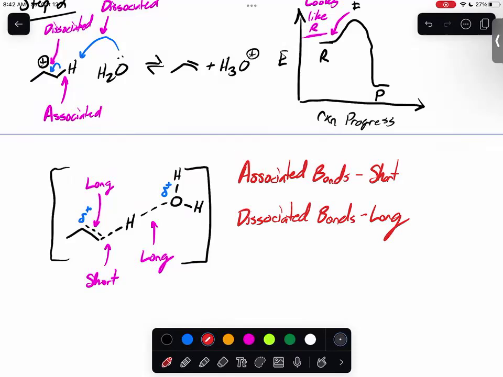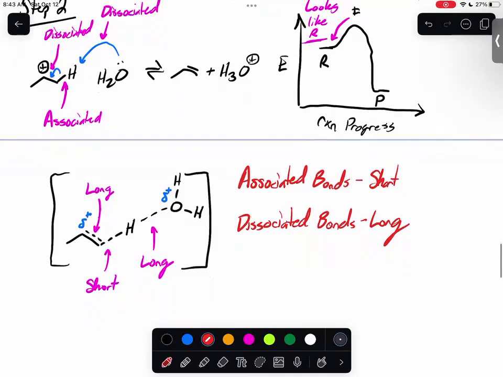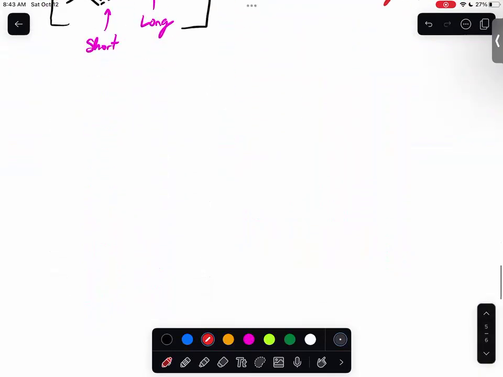Okay, so with all this in mind, you need to know what reaction energy diagrams look like, and you also need to be able to identify transition states and what they look like according to Hammond's postulate. But we're going to change directions a little bit, because we've been talking about kinetics and the transition states.